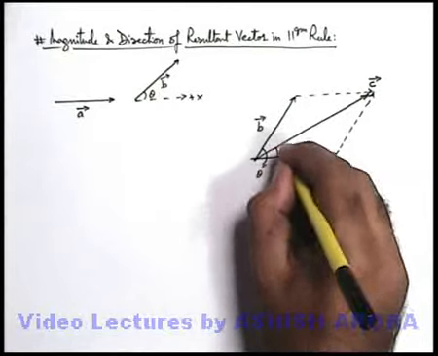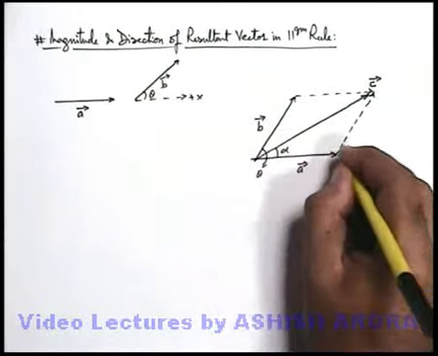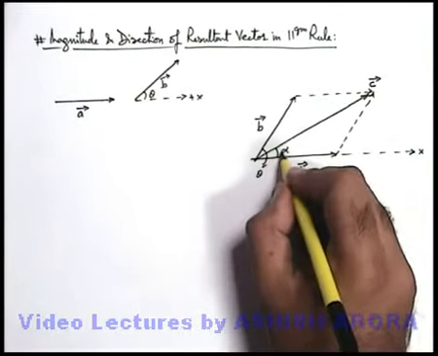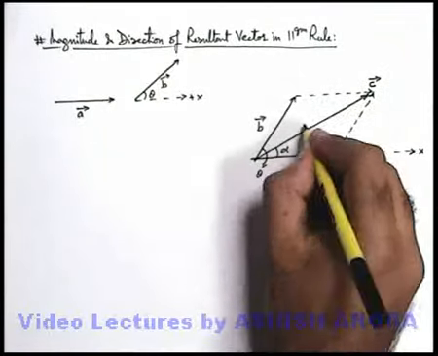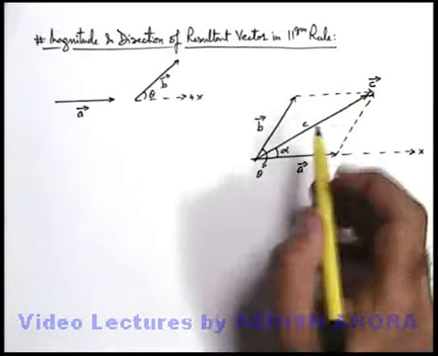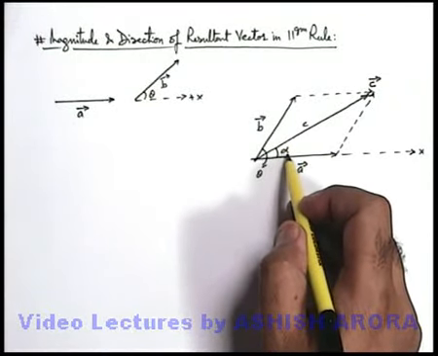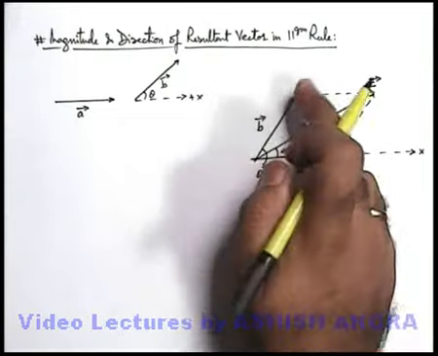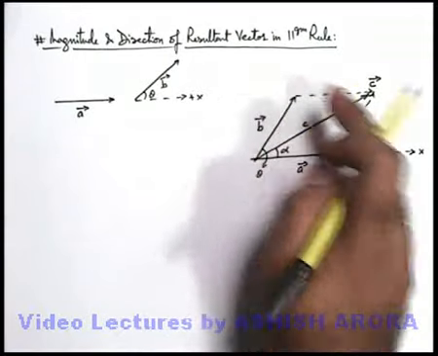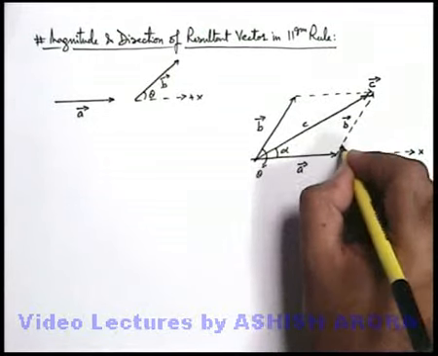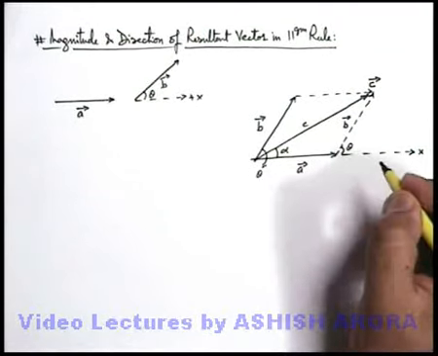Now say the angle which C vector makes with the positive direction of x-axis is alpha and its magnitude is C. We can very easily calculate the value of C and alpha by using the concept of rectangular components. If we place this vector B over here, this angle is the same angle theta.